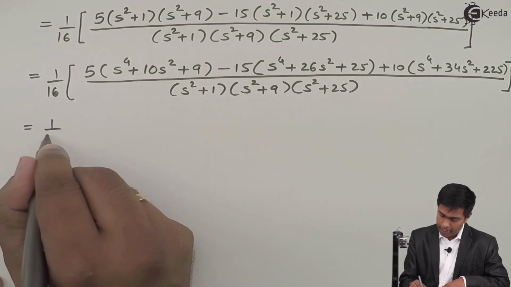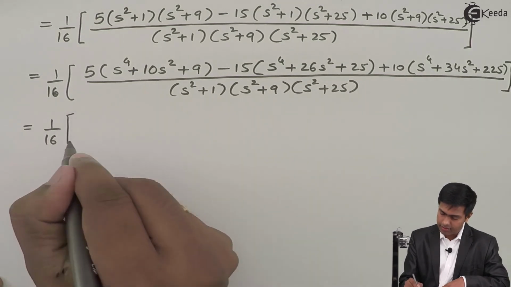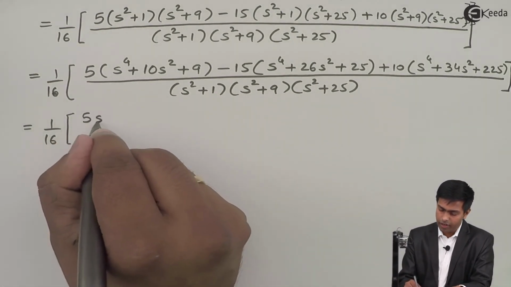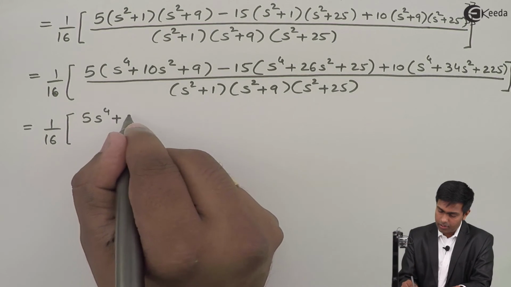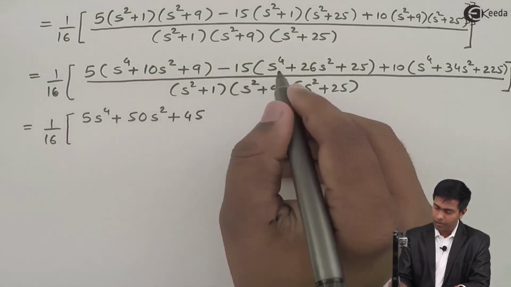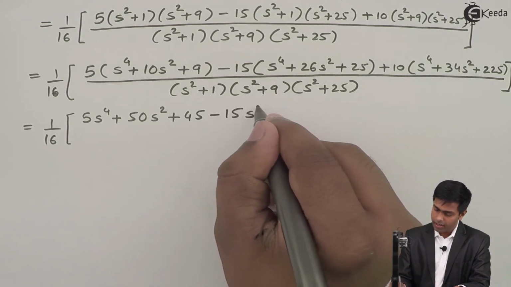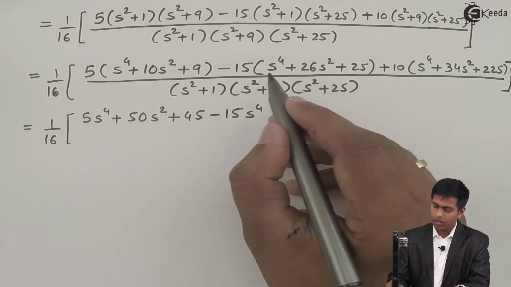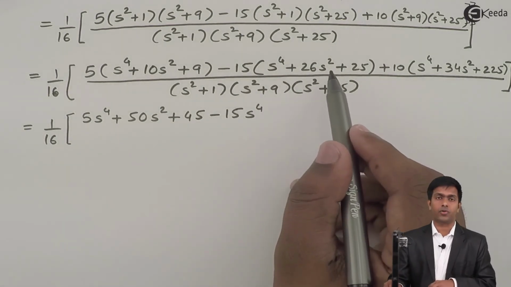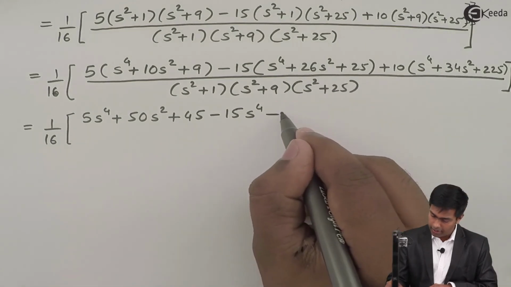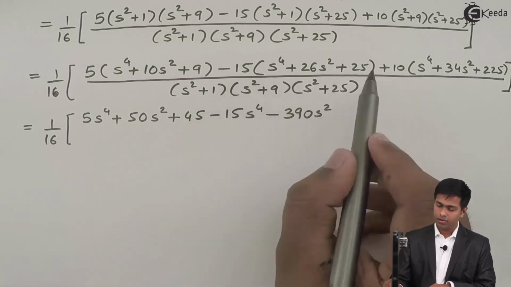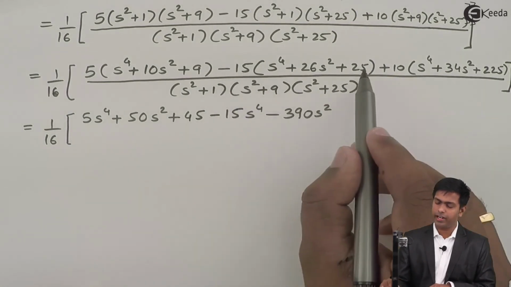Now 1 by 16 as it is. Here let's multiply it with 5. So here we'll get 5 s raised to 4 plus 50 s square plus 45. Here we'll get minus 15 s raised to 4. Here minus 15 into 26. So minus 15 into 26 s square is minus 390 s square. Here minus 15 into 25.